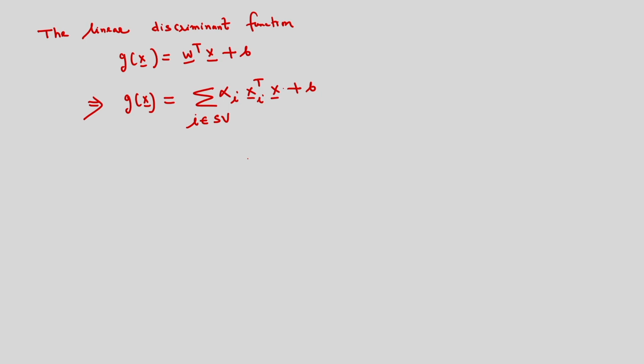So xi is the support vector, and this is nothing but the dot product between the test point x and the support vector xi. So G(x) we can compute like this.